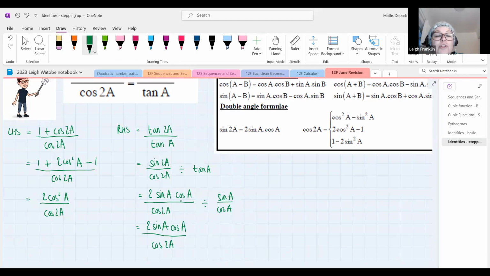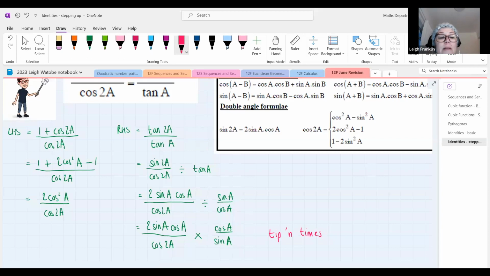So I've got to change the divide into a times, and then I put what was at the top at the bottom and what was at the bottom at the top. So cos a goes to the top and sine a goes to the bottom. So I'm doing tip and times, or keep flip change, whatever it is that you've been taught.